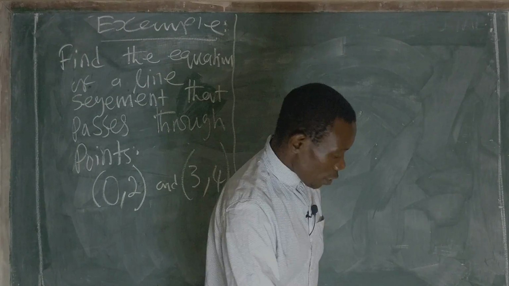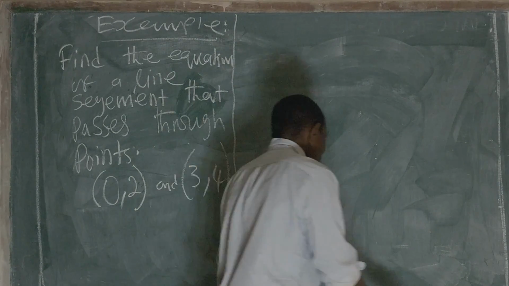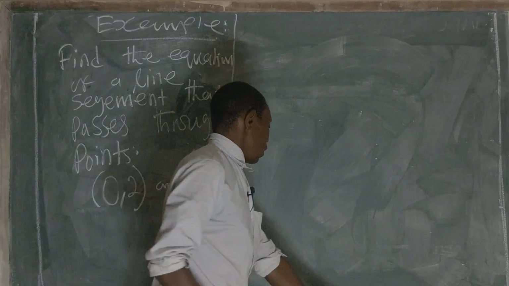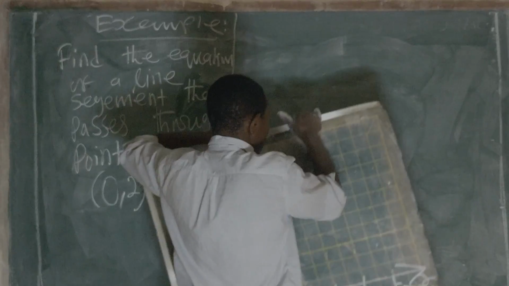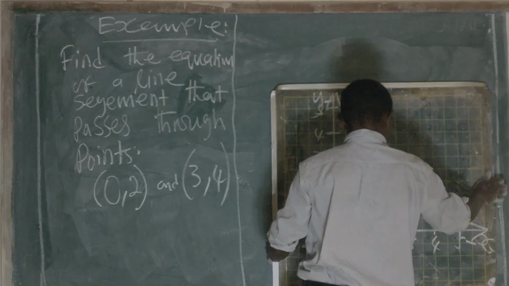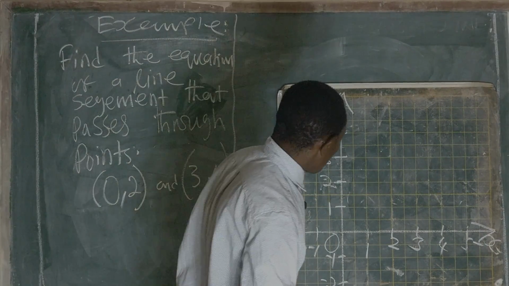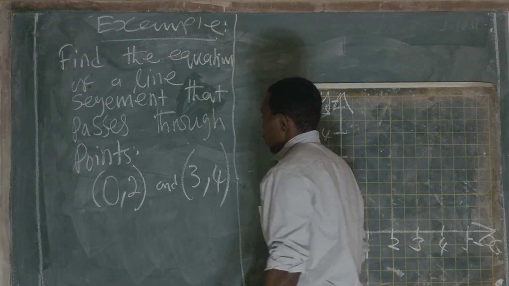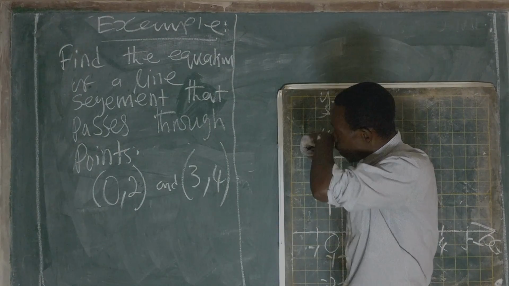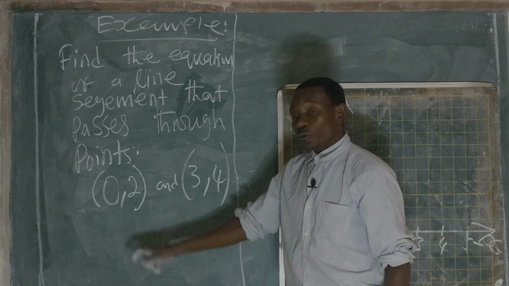Right. So in this case, if I'm to draw this line segment, it's something that goes like this. Here's my graph plot. We will first identify the first point of this line, which is (0, 2).